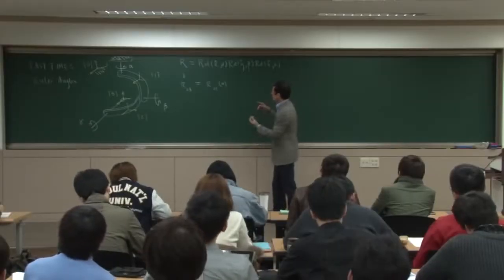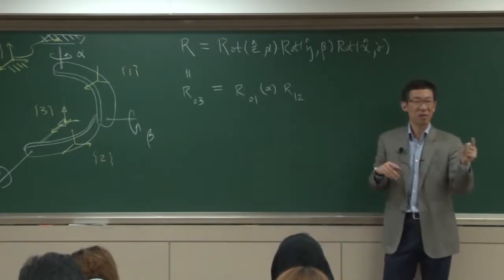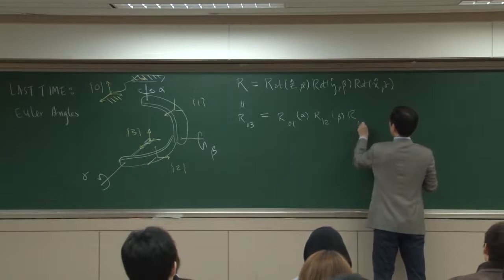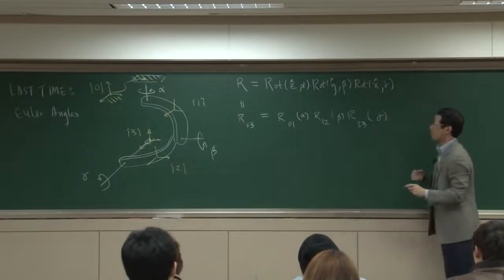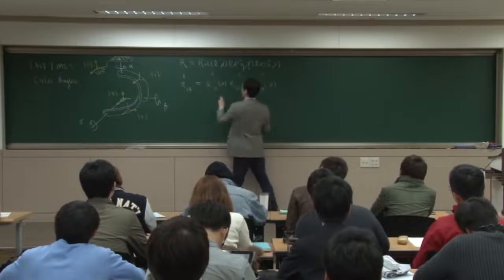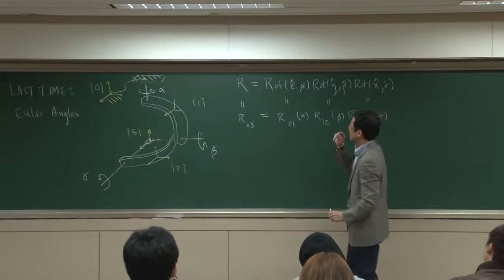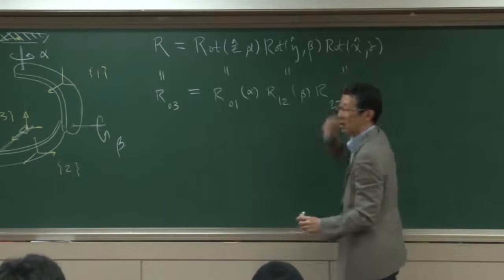Now imagine you're standing at frame 1, observing frame 2, and write down the orientation as a rotation matrix. It only depends on beta. And finally, same thing: you're standing at frame 2, observing frame 3. So we make these identifications, and this is how we get the rotation R as a function of alpha, beta, and gamma.